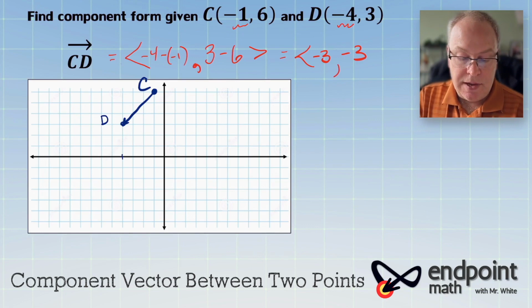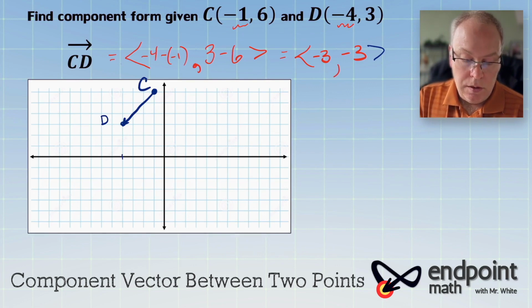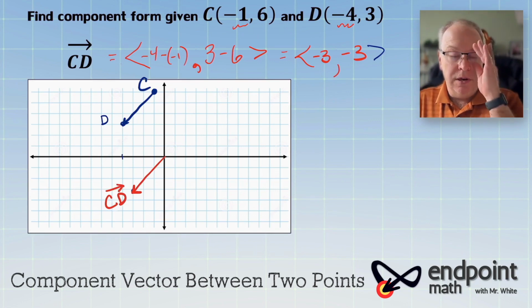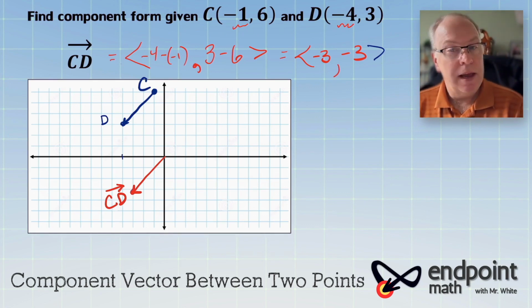So wouldn't it make sense that somehow we'd be like that, right? Well, let's see. Let's go to (negative 3, negative 3). And you can see that indeed that looks correct. So this would be CD, the vector from (0, 0) to that point there, which is (negative 3, negative 3).